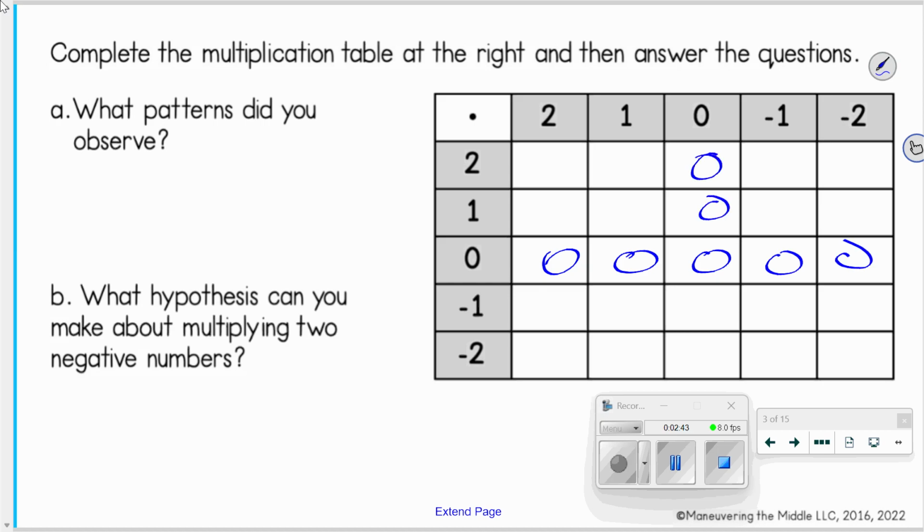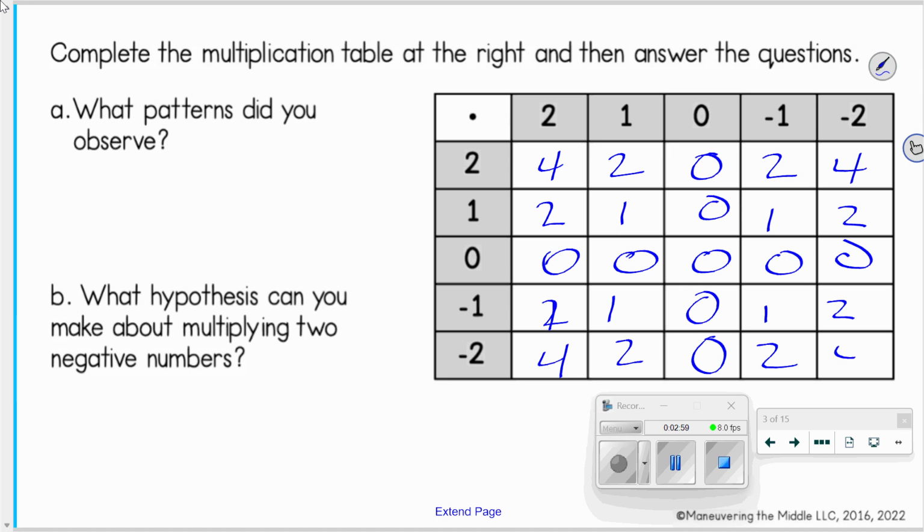Then I could have just gone straight across. That's 4, 2, 2, 4, 2, 1, 1, 2, 2, 1, 1, 2, 4, 2, 2, 4. Then when you look at the signs, we've got negatives here, and you have negatives here.